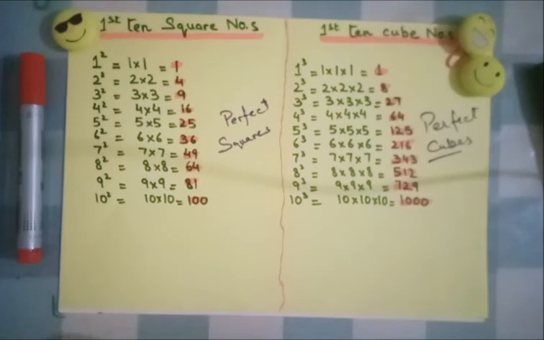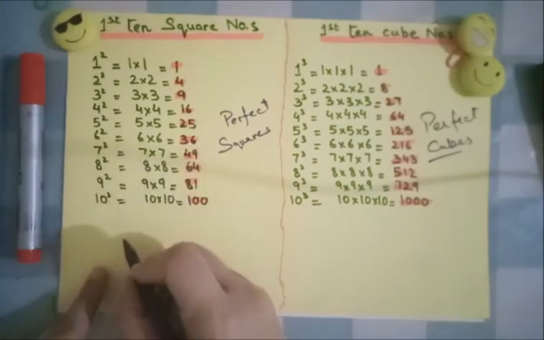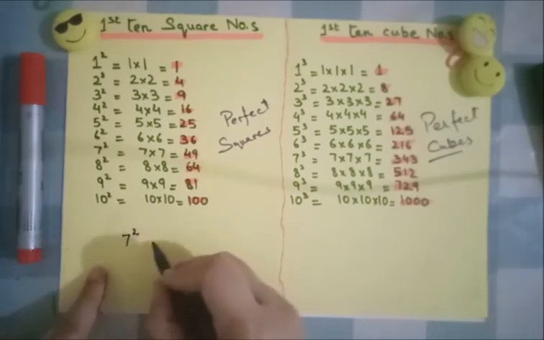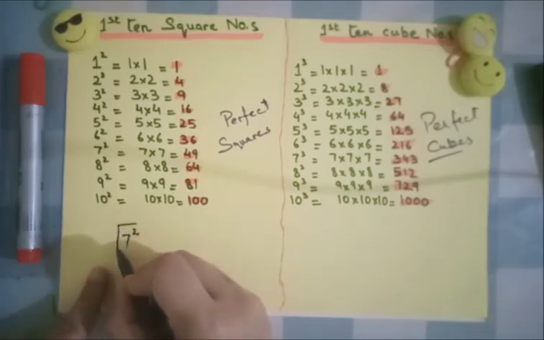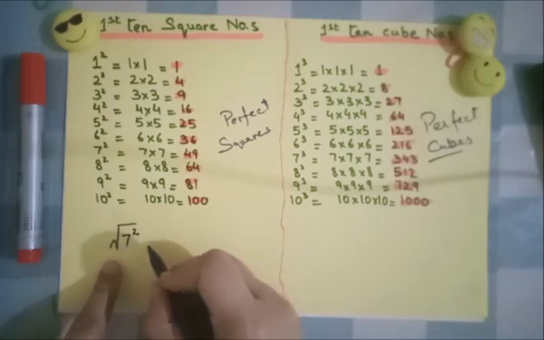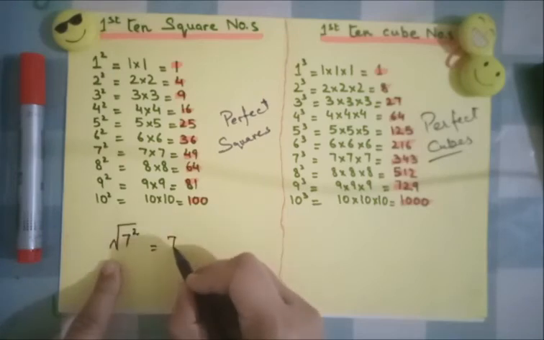Next I will solve an example, picking any number from here, like 7 squared. If I am going to find its square root, I told you that the radical value is 1 by 2, so 2 and 1 by 2 will be cancelled and the answer is 7.